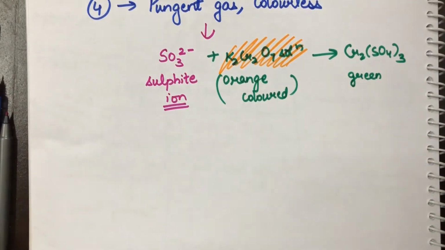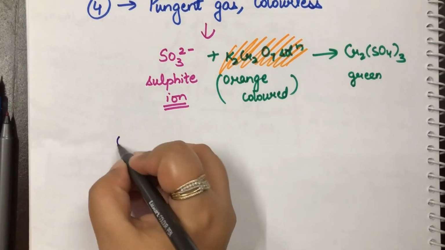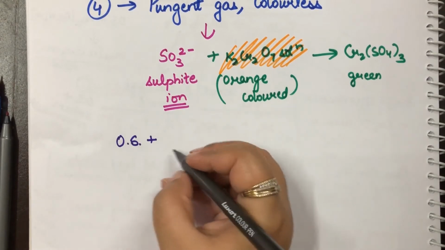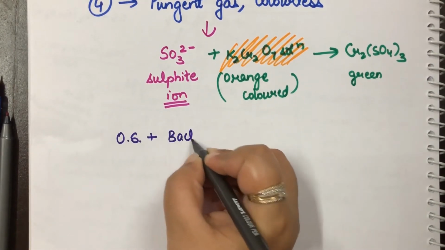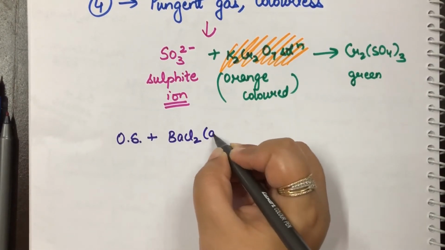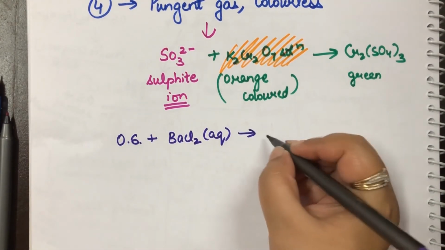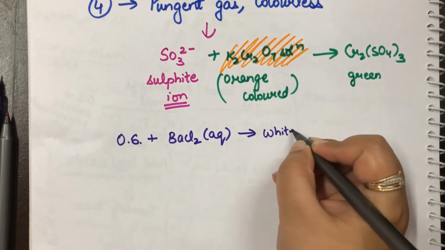So again, there is one more confirmatory test if you want to be sure. What is it? It is your original solution. Original solution is salt plus water, plus you can add barium chloride solution. That is why I'm writing aqueous. Now once you do it, you observe a white precipitate.